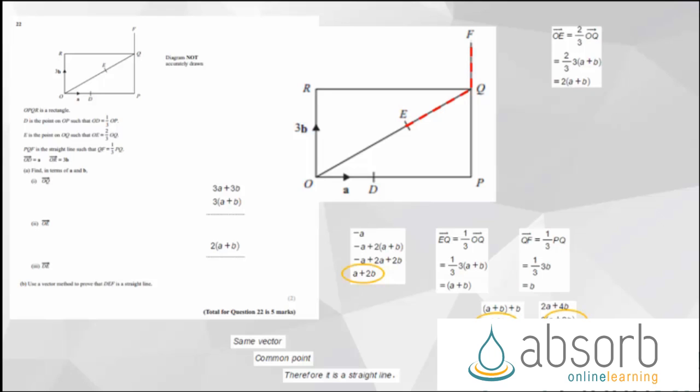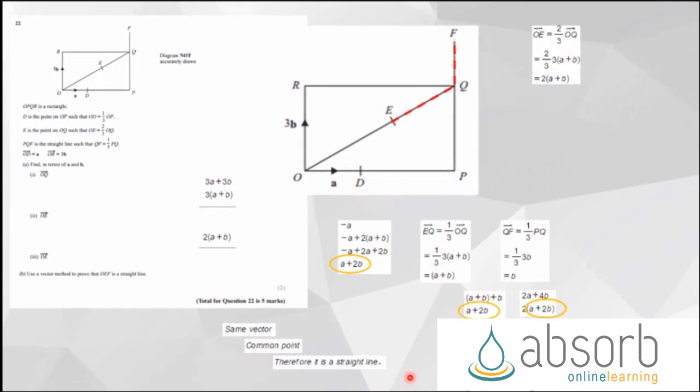Now the important thing is the number on the outside of the bracket doesn't matter. It's this bit inside that tells us that this vector is the same as that. It's twice as long, but it's the same direction in space. Now, if we turned out to get this answer here, then we'd just be saying the same as this here. It's the same vector, same direction in space, common point, which is E, and therefore it's a straight line.